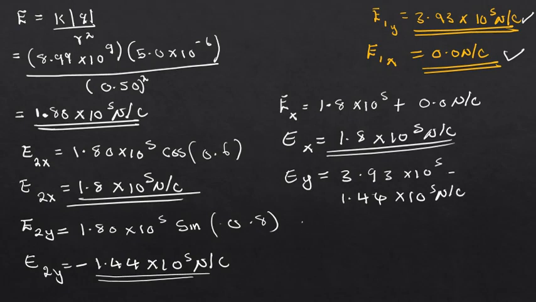So EY, if you do your calculations properly, you are supposed to get something like 2.9 multiplied by 10 to the power 5 Newton per coulomb.